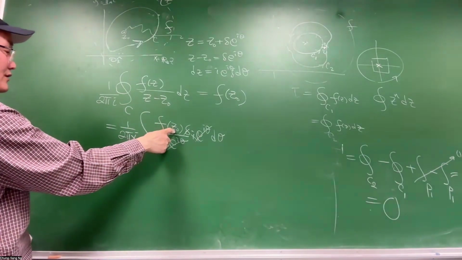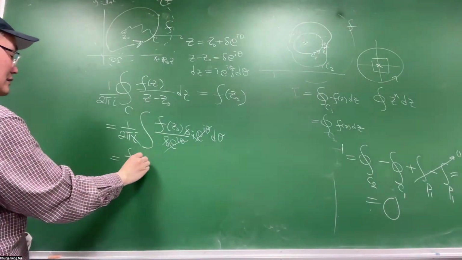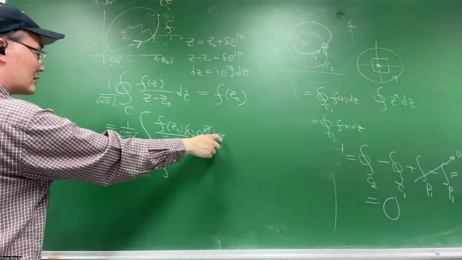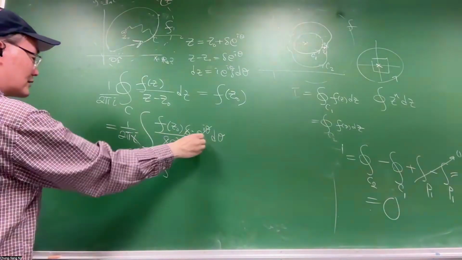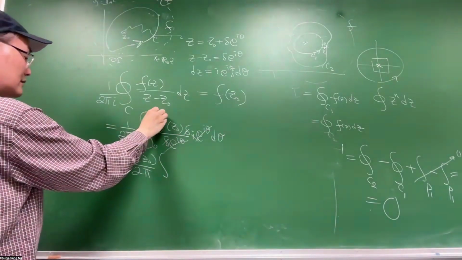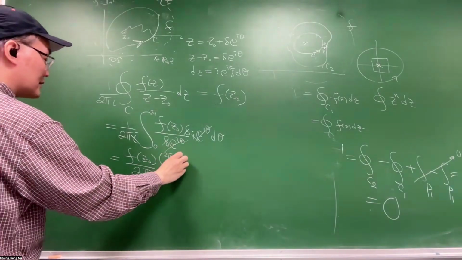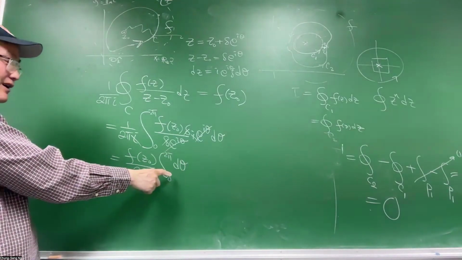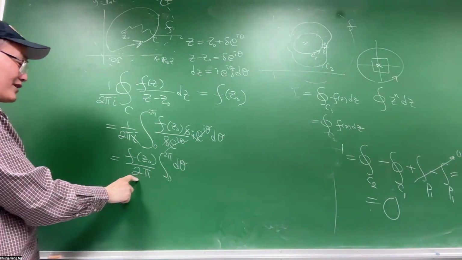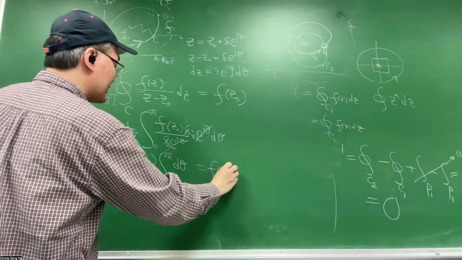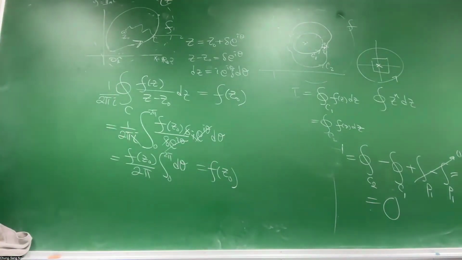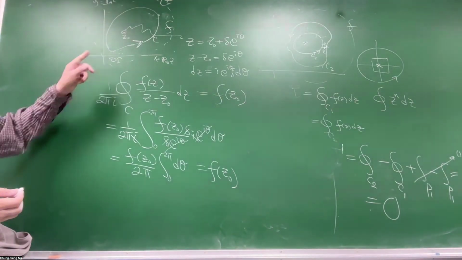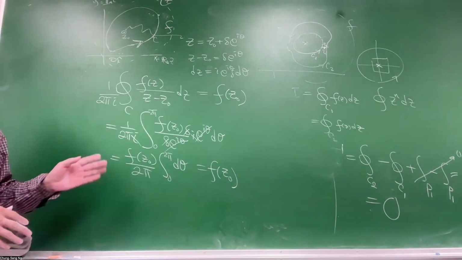And f of c sub 0 is a constant, taken out of the integrand. All that is left is to integrate d theta from 0 to 2 pi, which is 2 pi, and it cancels the 2 pi. So that's the Cauchy integral formula.